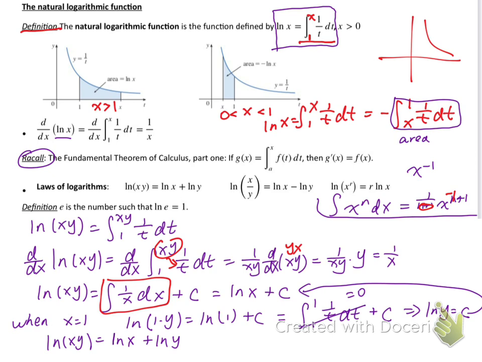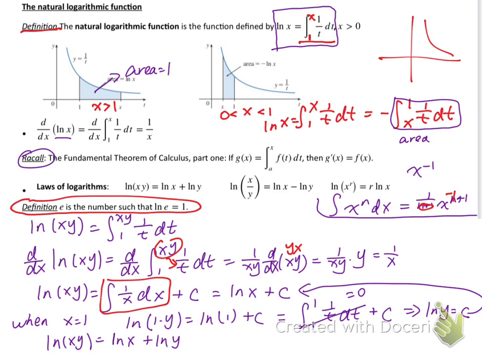Okay, finally, I hope you still can see it. Let me circle it. e is the number such that ln e equals 1. So e is that magic base of the natural log. But here, based on this integral definition, you need to make this area equal 1.